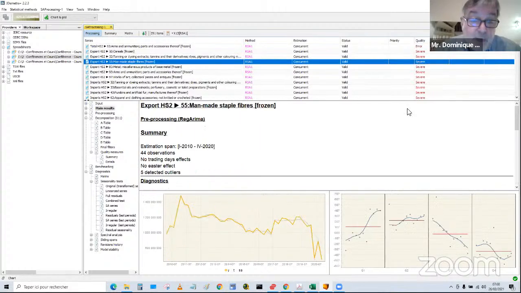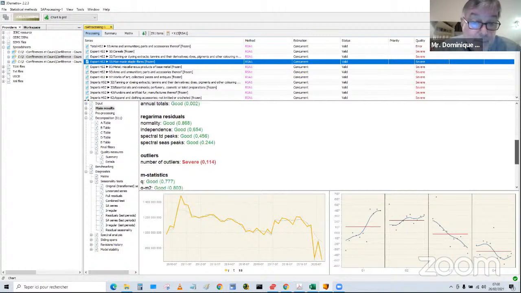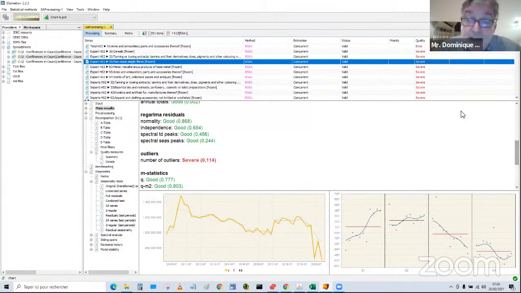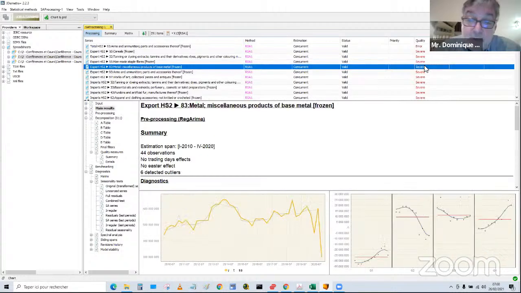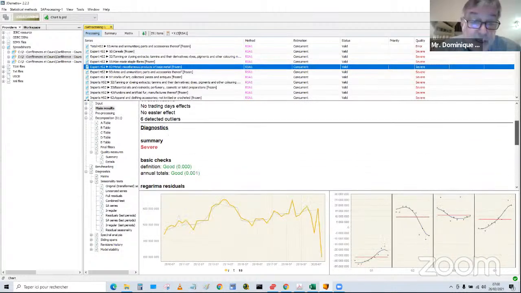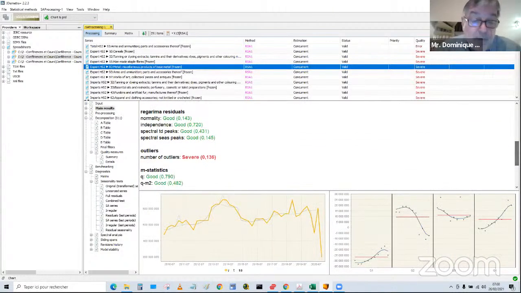If I go to the next one, number of outliers, the same, okay? This one, so the severe, I will stop on number of outliers. So the severe does not mean that it is bad. It means that I might have a serious problem. So check that. I do have here a huge number of outliers.